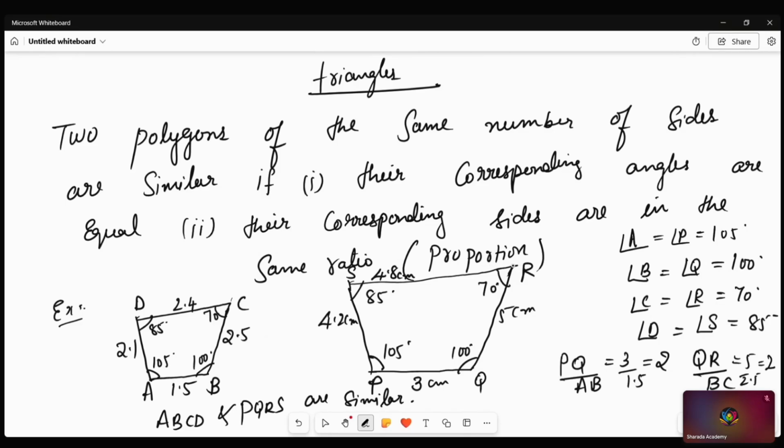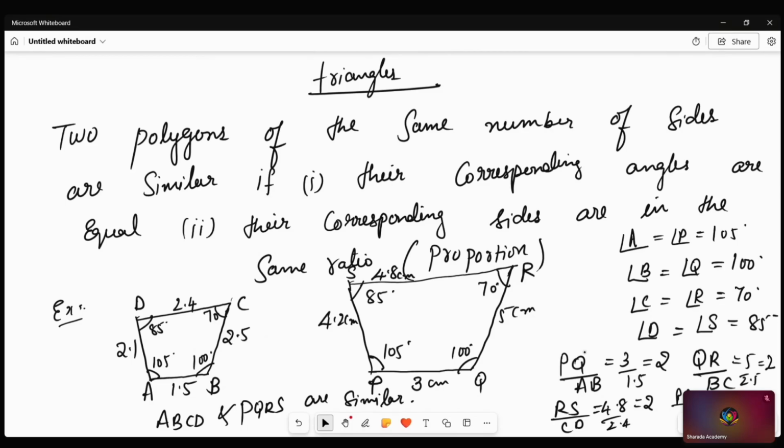Then RS by CD, that is 4.8 by 2.4, that is equal to 2. Then PS by AD, that is also equal to 2. So if you observe all the corresponding sides ratios, all are equal to 2 only. Then we call it similar.